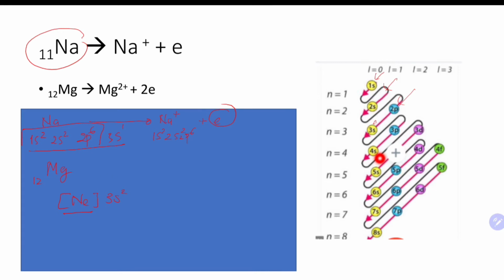After releasing 2 electrons, it becomes Mg2+. So here you have only 10 electrons. So Mg2+ and Na+ ions have the same electronic configuration: 1s2, 2s2, 2p6.